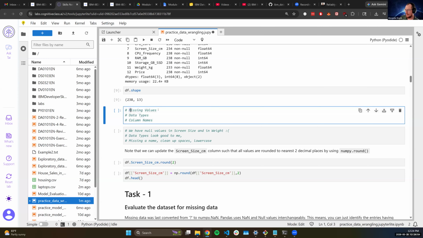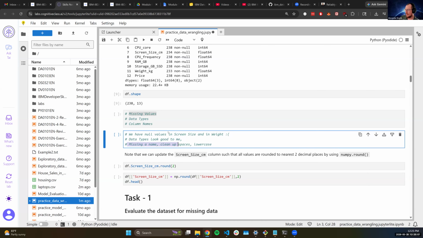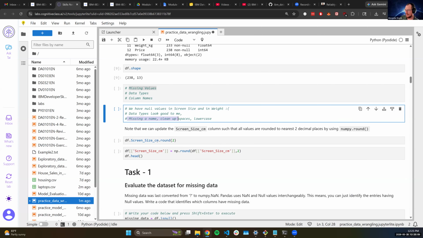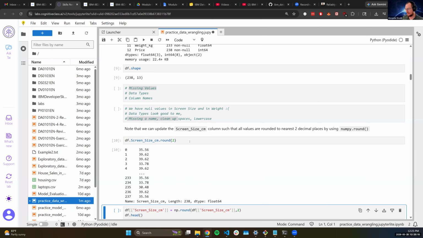So we've looked at missing values, data types, and column names. We have null values in screen size and weight, data types look pretty good, and we're missing a column name, but for the most part they look good. We can also do some work, including rounding our screen size, so let's go ahead and do that as well, just cleaning up that numeric feature.